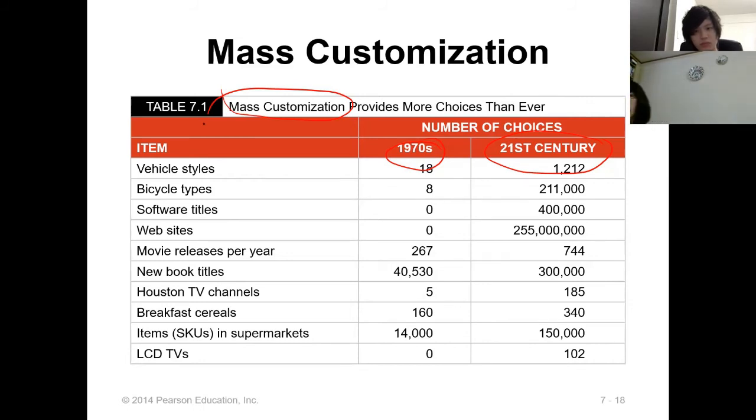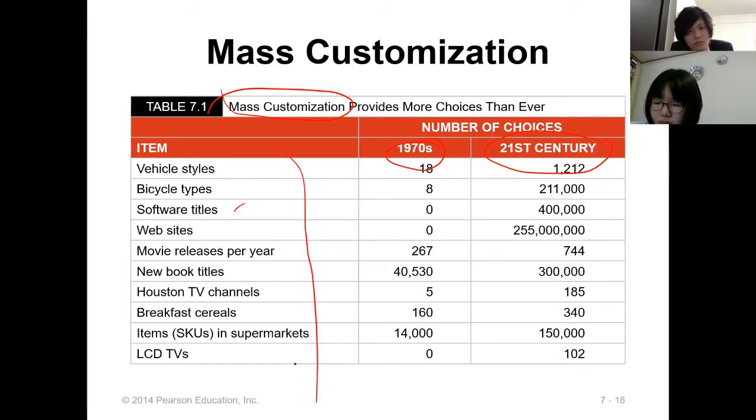So no more Hollywood release movies, and people have moved on to mass customization. Hundreds, thousands of different movies are produced. Software titles. We are spoiled with choices. I think, spoiled. Too much choice.